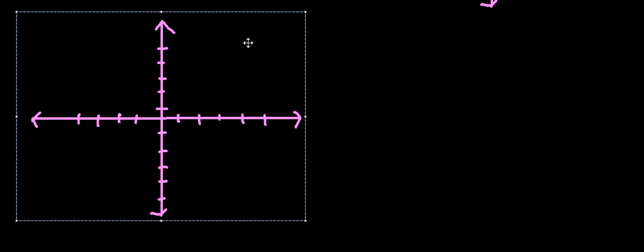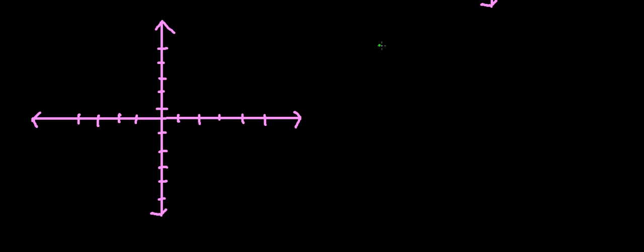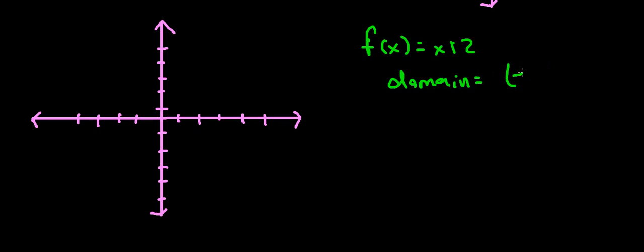Let's move down then. Actually, let's not cover it up. Okay. So now I'm going to graph f of x is equal to x plus 2. And the domain is all real numbers, negative infinity to infinity.